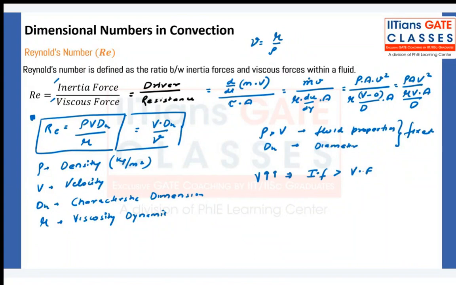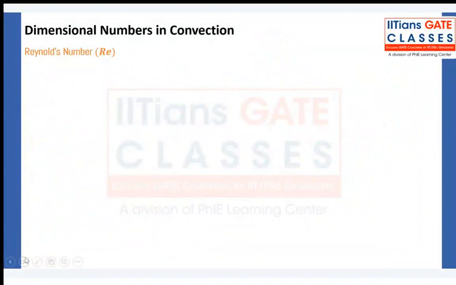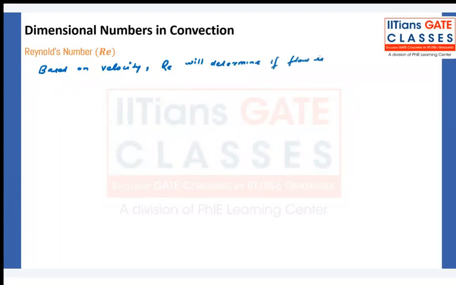Yes, chalo. Now, based on velocity, high velocities and low velocities, Reynolds number will determine if the flow is laminar or turbulent in forced convection. Okay, very important.